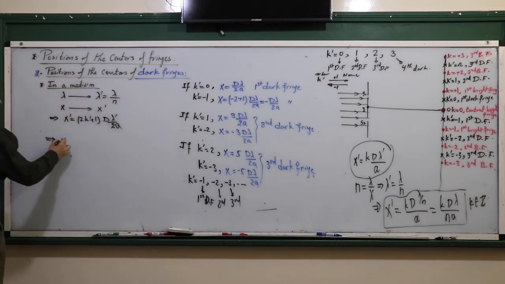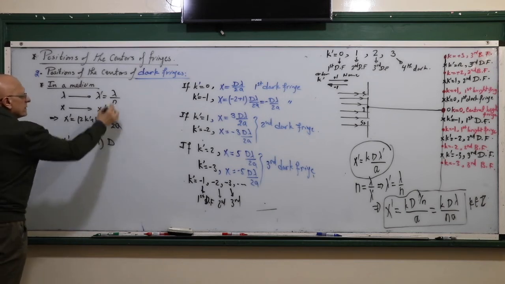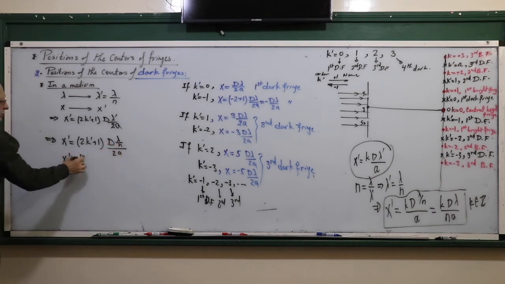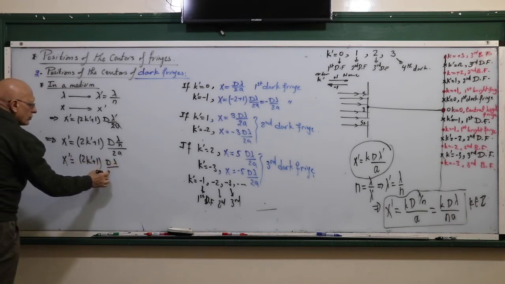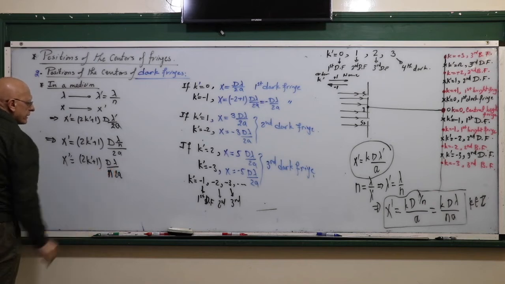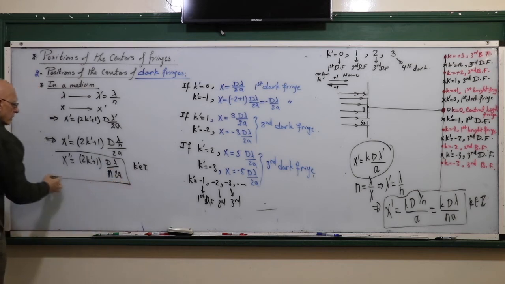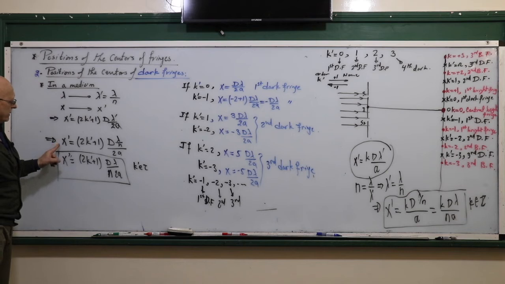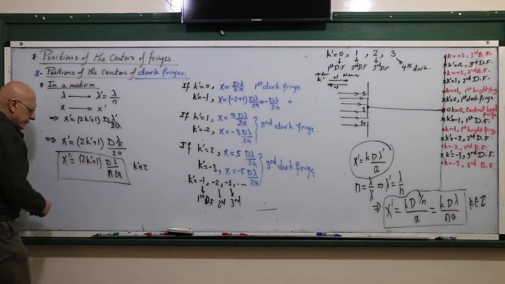This implies x prime equals (2k prime plus 1) d lambda over n over 2a, where k prime belongs to Z. If you notice here, (2k prime plus 1) d lambda over 2a is x.